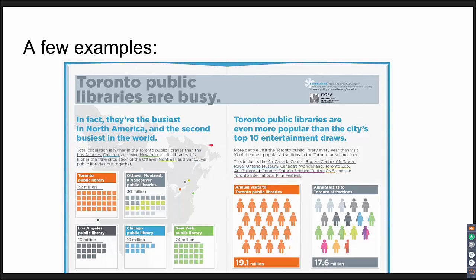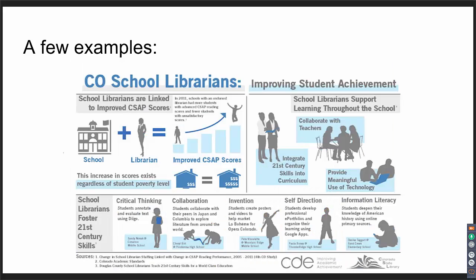Yeah, definitely a wow. This infographic was created by the Colorado State Library and is about Colorado school librarians and their role in improving student achievement. The important part of this example is that they used several sources of data in order to create the infographic and to tell their story.